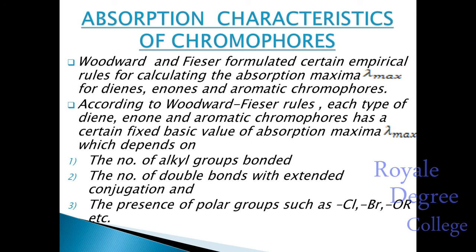According to Woodward-Fieser rules, each type of diene, enone, and aromatic chromophore has a certain fixed basic value of absorption maxima, which depends on the number of alkyl groups bonded, the number of double bonds with extended conjugation, and the presence of polar groups such as Cl, Br, OR, etc.